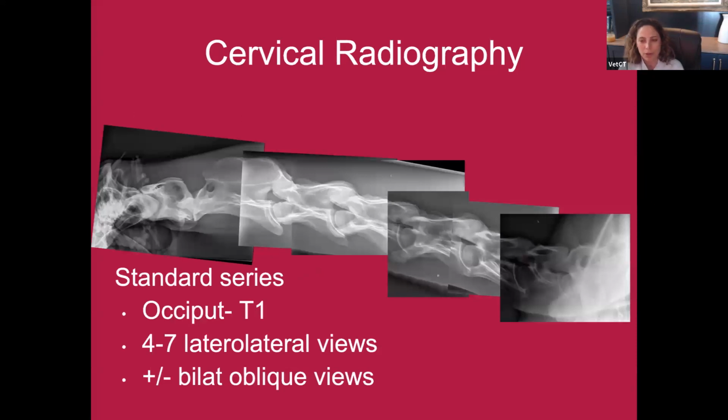Your standard radiographic series of the neck really includes lateral projections. It's probably the only area in the whole horse where we don't have standard orthogonal views, so we're already at a bit of a disadvantage when it comes to cervical radiography. On top of that, it's a really challenging area to evaluate because of all the bony protuberances, et cetera.